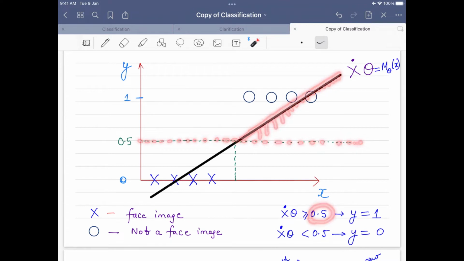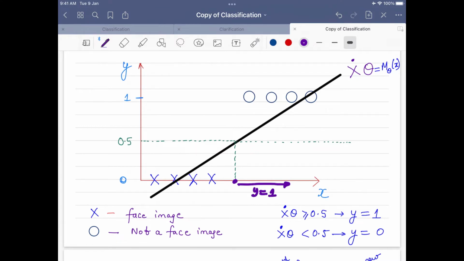If you project this particular intersection onto this horizontal plane, what you find is that after this point all the values I am taking, I am classifying as y equal to 1.